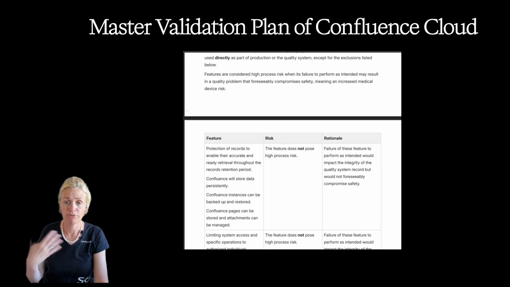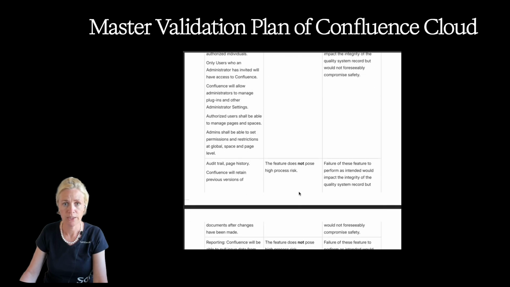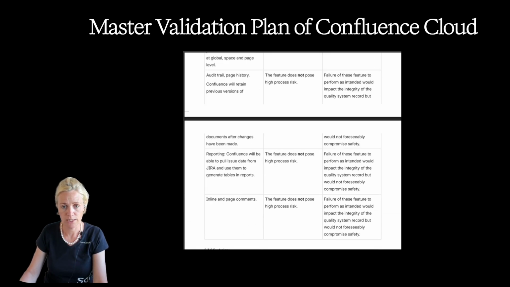And if the failure of that function or feature could potentially also compromise the safety of the medical device that is being developed. Based on this risk assessment of all the features that we have described here, we have derived the 40 test cases that are included in each one of the Confluence validation runs.